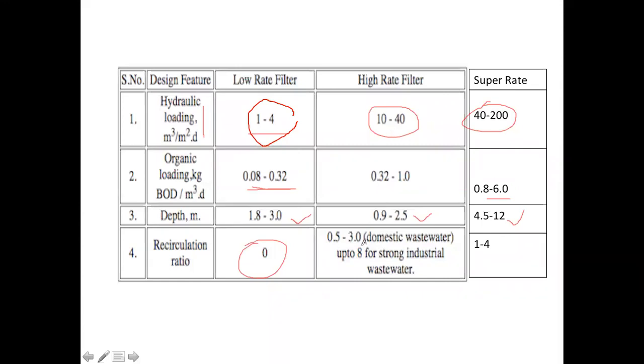But in case of high rate trickling filter, the recirculation will be 0.5 to 3, and for specific reasons, this recirculation can be up to 8 times. So the recirculation ratio will be very high in case of high rate trickling filter, and in case of super rate trickling filter it will be 1 to 4.